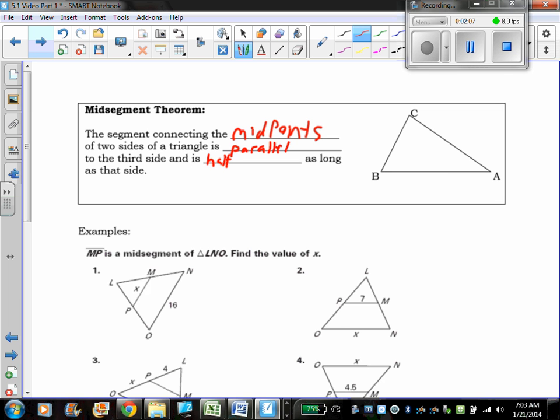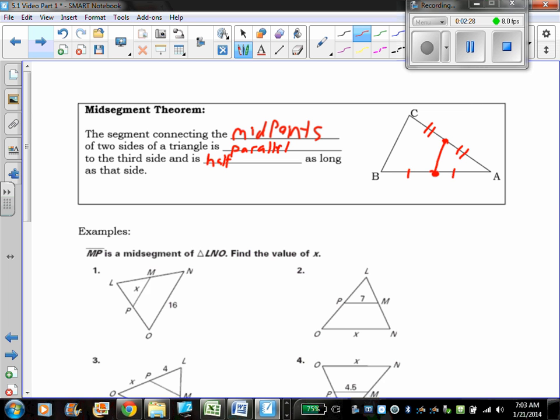So if we were to, for example, take the midpoint of AB, take the midpoint of AC, and draw that line there, it means a few things. For one, it should mean that this segment and this segment are congruent. It should mean that this segment and this segment are congruent.